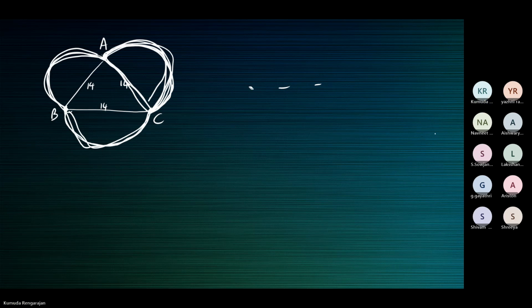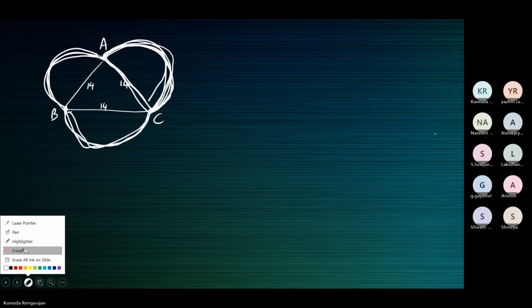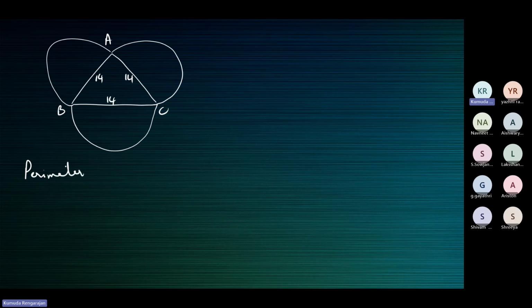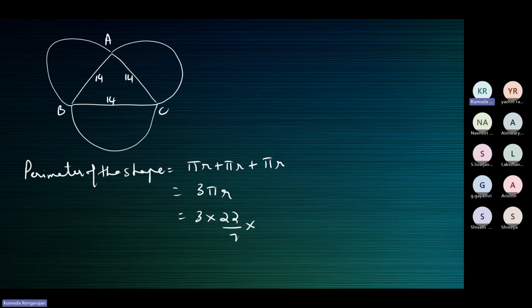So the perimeter of the shape is equal to pi r plus pi r plus pi r, which is equal to 3 pi r, which is equal to 3 into 22 by 7 into r.